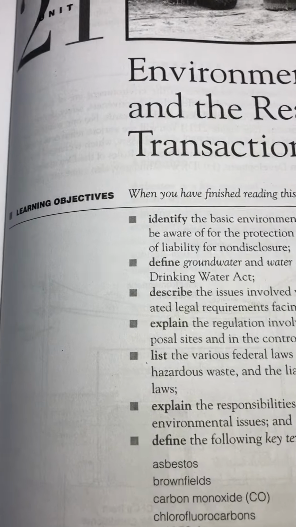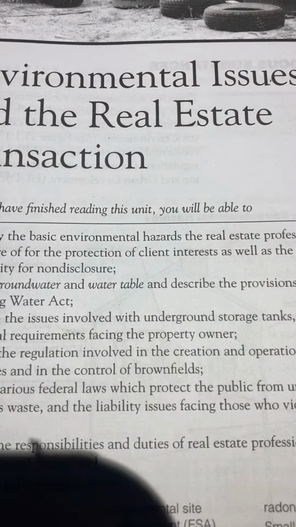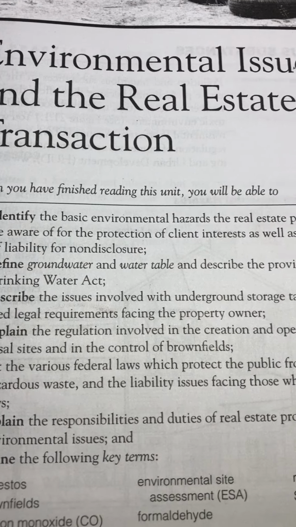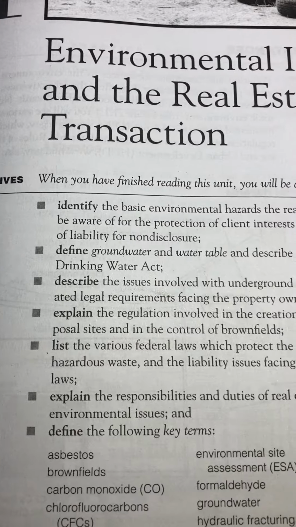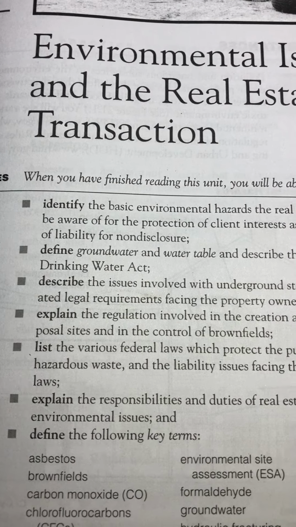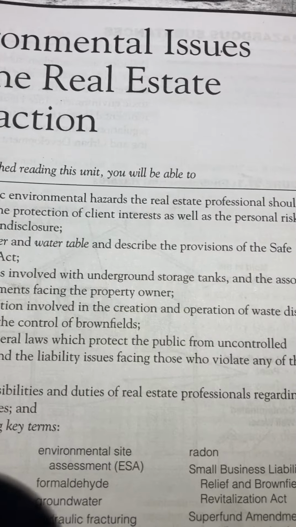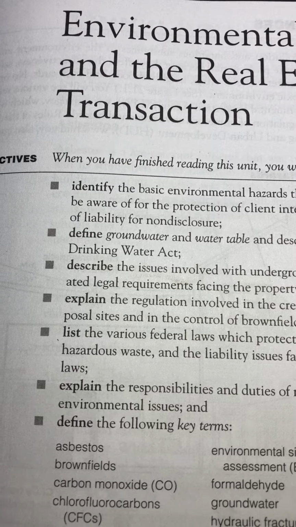Learning objectives. When you have finished reading this unit, you will be able to identify the basic environmental hazards the real estate professional should be aware of for the protection of client interests, as well as the personal risk of liability for non-disclosure.